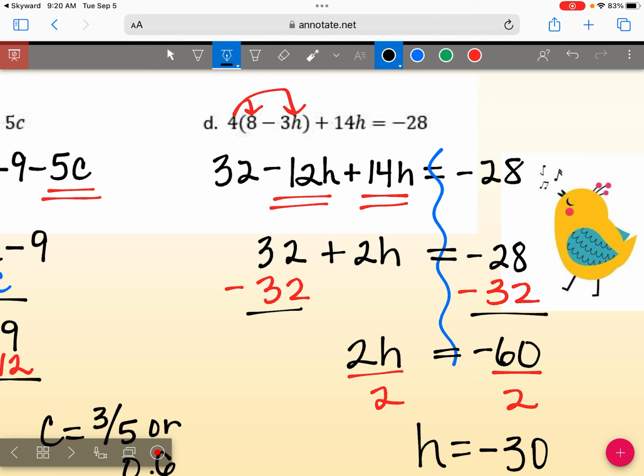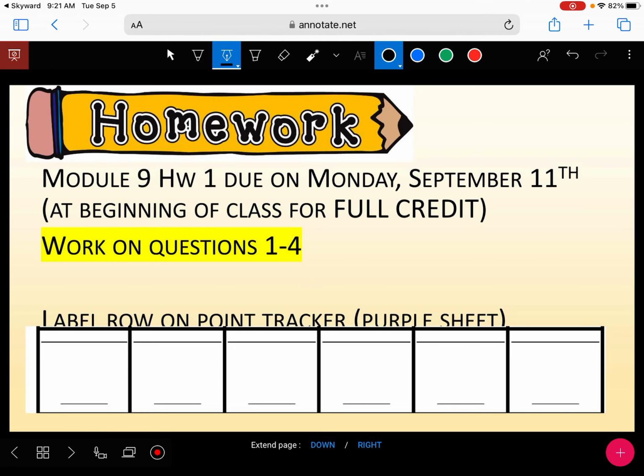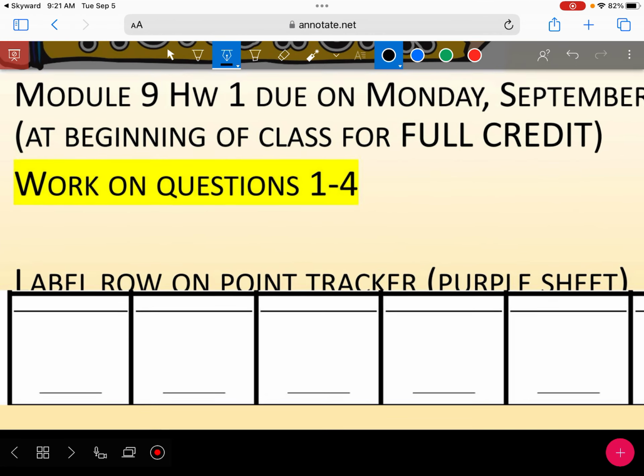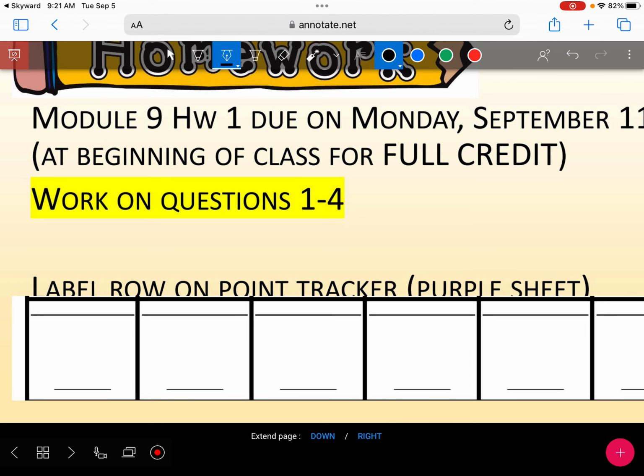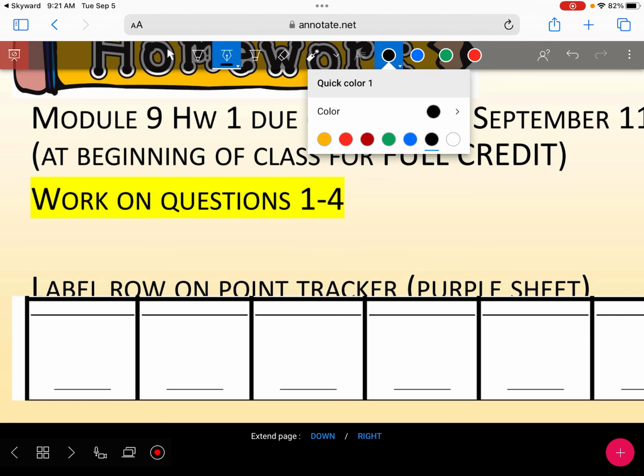All right, so on your purple paper, real quick, we're going to go to the second row. Go ahead, take out your purple papers, please. And I just want you to fill in that second row. So the first row is Module 8. I've already put all those assignments in. For Module 9, there are 6 homework.